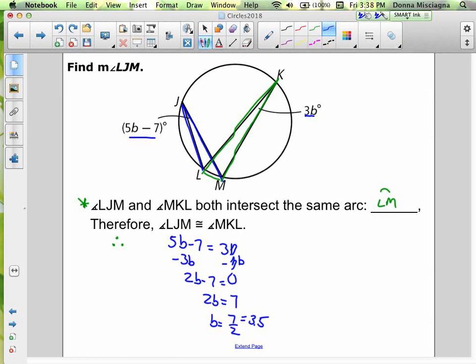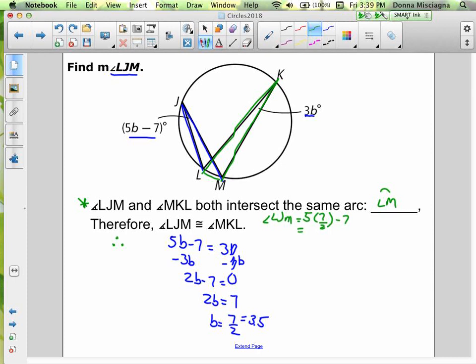We were asked to find the angle. So whether we find either angle, they're going to be the same thing. Let's find them both, and then we'll find the arc too. So angle LJM is going to be 5 times 7 halves minus 7.